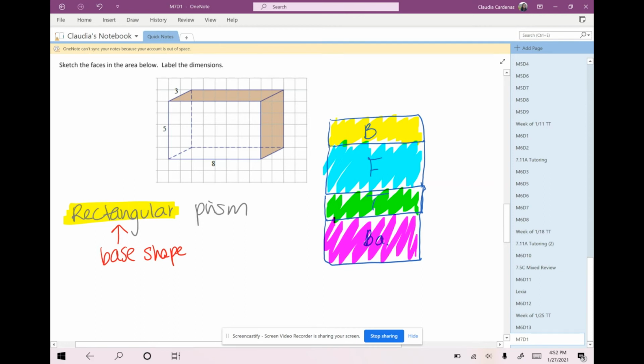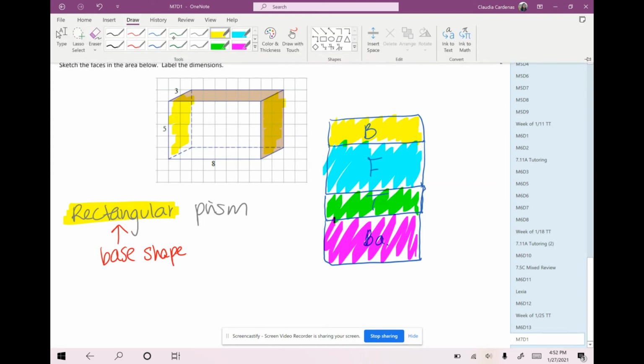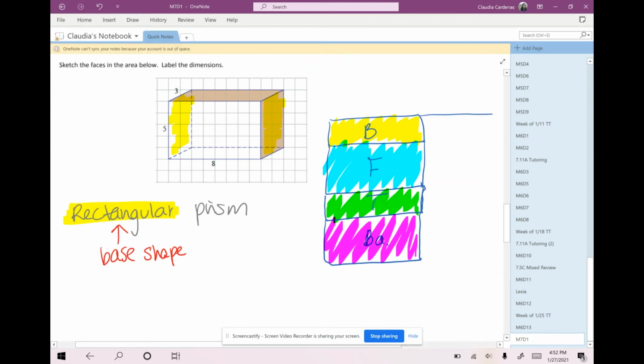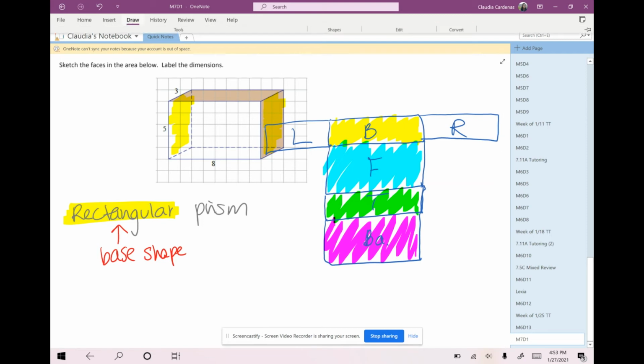Now I just need to highlight the left and right pieces still connected to the bottom piece. So I'm going to draw out the right and the left. These can also be highlighted in yellow since I've run out of colors to use.